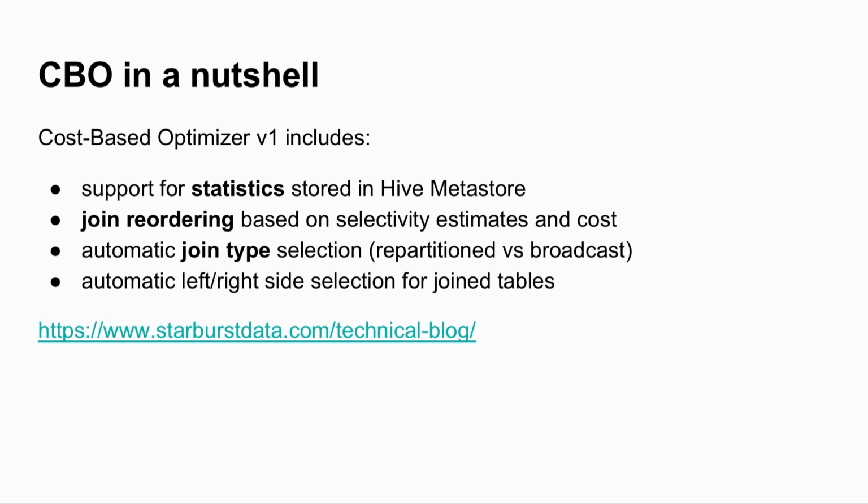In this first release, we have support for statistics that you have already collected in your Hive metastore. So we'll basically play nice in the ecosystem and leverage what's already there. We understand that most people already have statistics in their Hive metastore because they collected them with Hive and use them across their ecosystem.